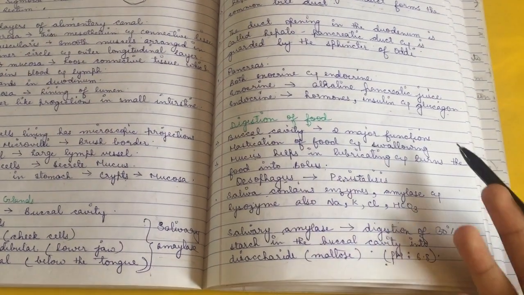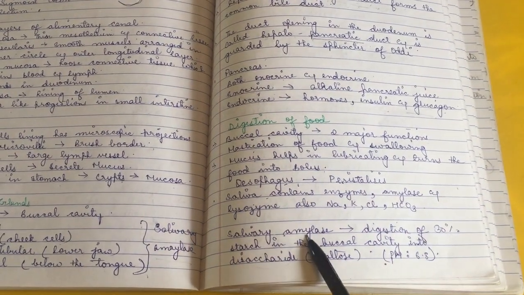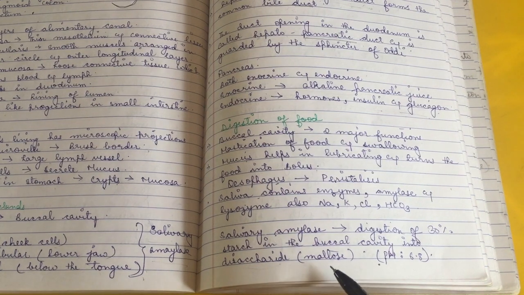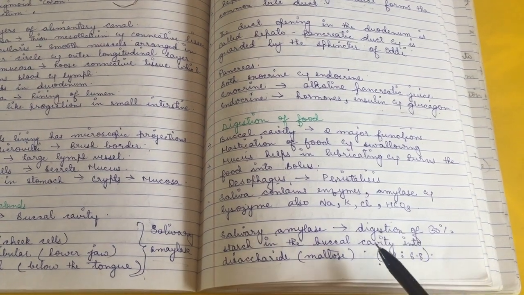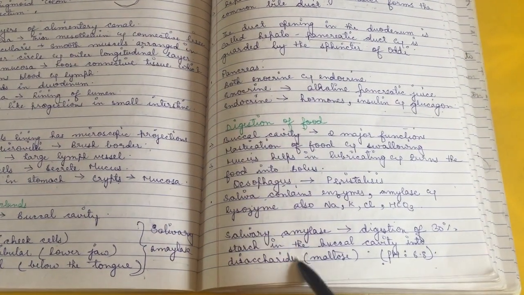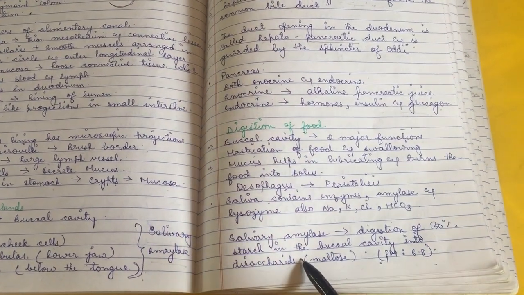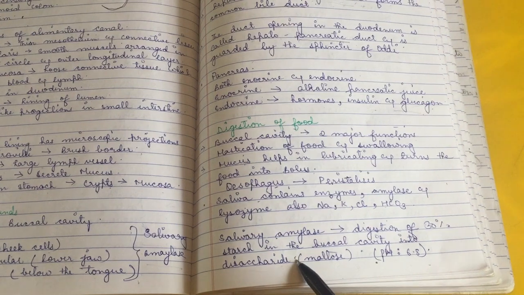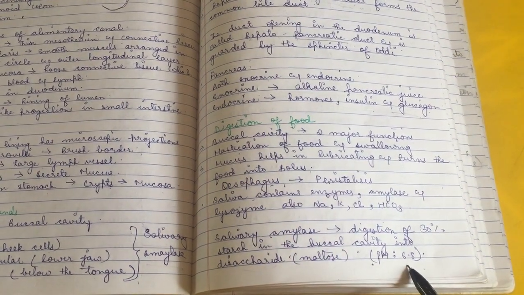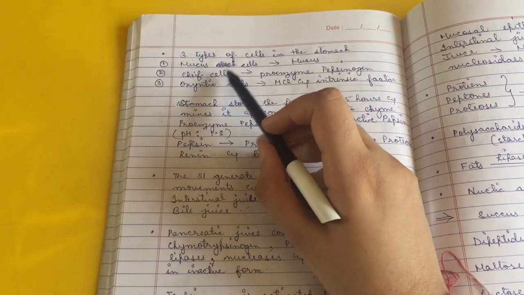Starch is a polysaccharide, so salivary amylase breaks the polysaccharide into the disaccharide maltose, and the pH required for this is 6.8. This process happens in the buccal cavity. The pH in the buccal cavity is slightly acidic, that is 6.8, as 7 is neutral.